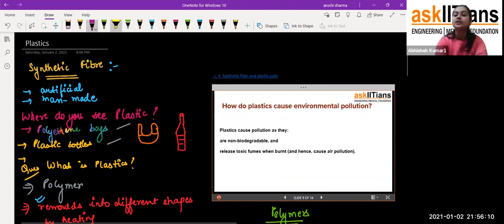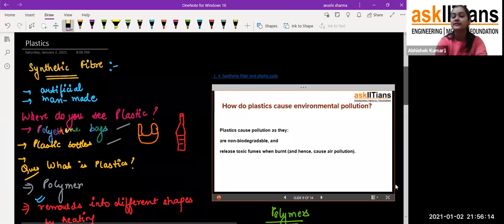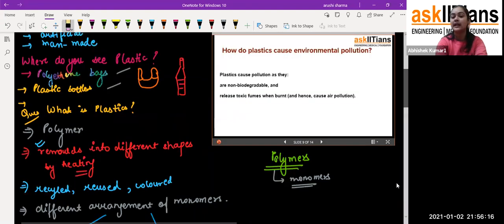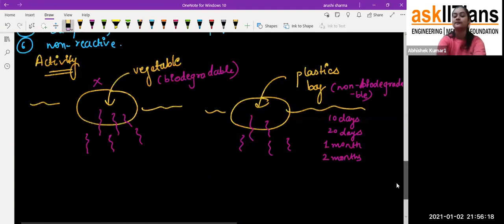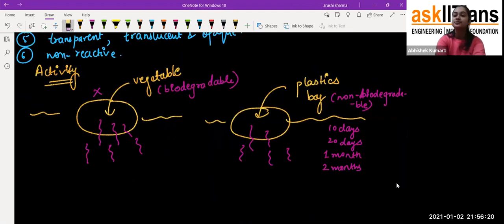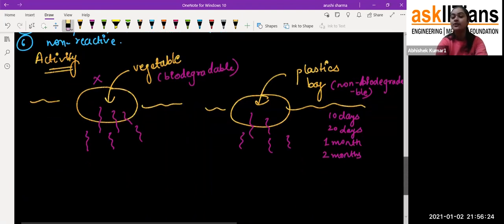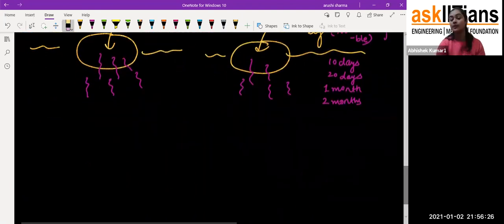Fine. Now, the point comes here: if plastic has such an adverse impact, why don't we stop using it? Because, students, we are used to it. So what we can do, if we are not going to stop the usage, is apply some points here.